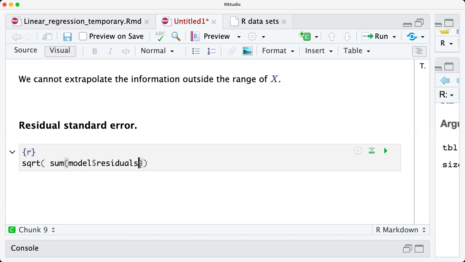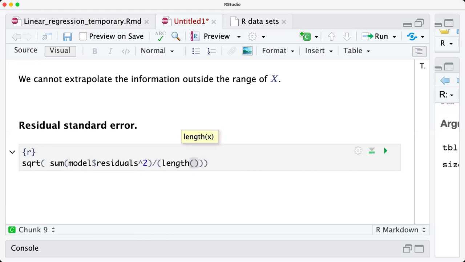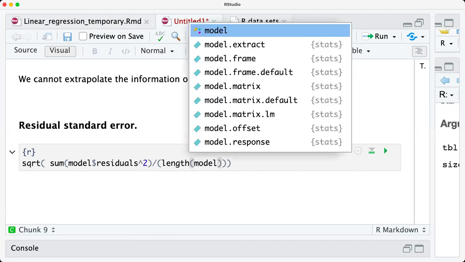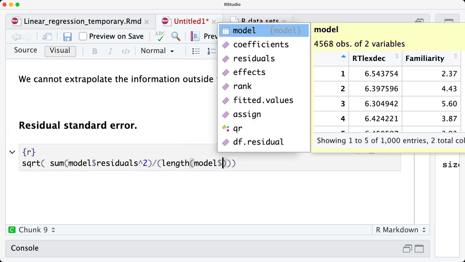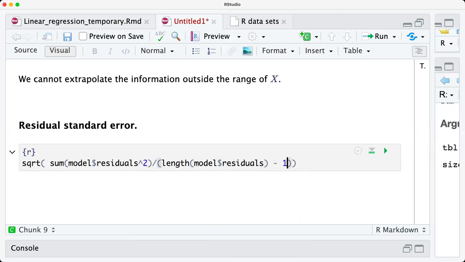Then we sum the square of the residuals, and we divide by the number of residuals minus 1, because of the degrees of freedom.